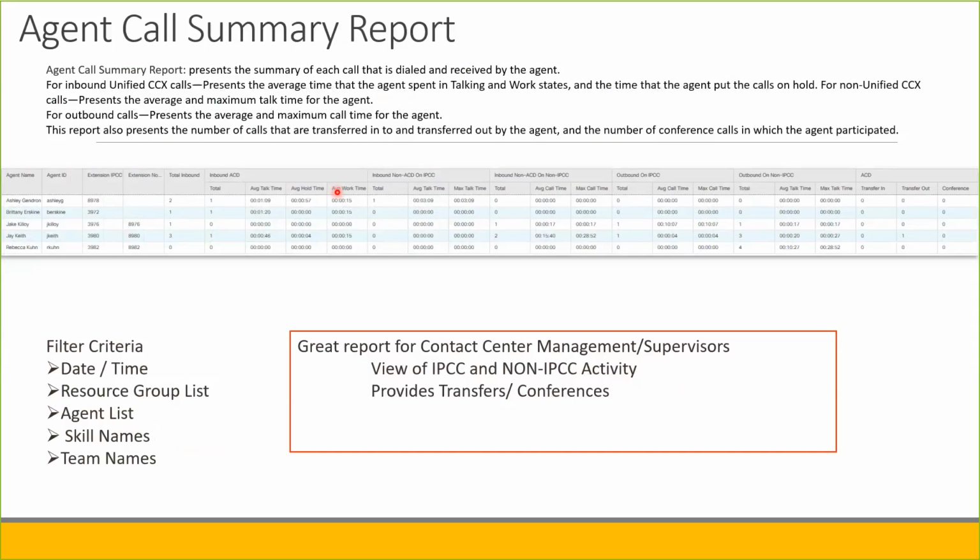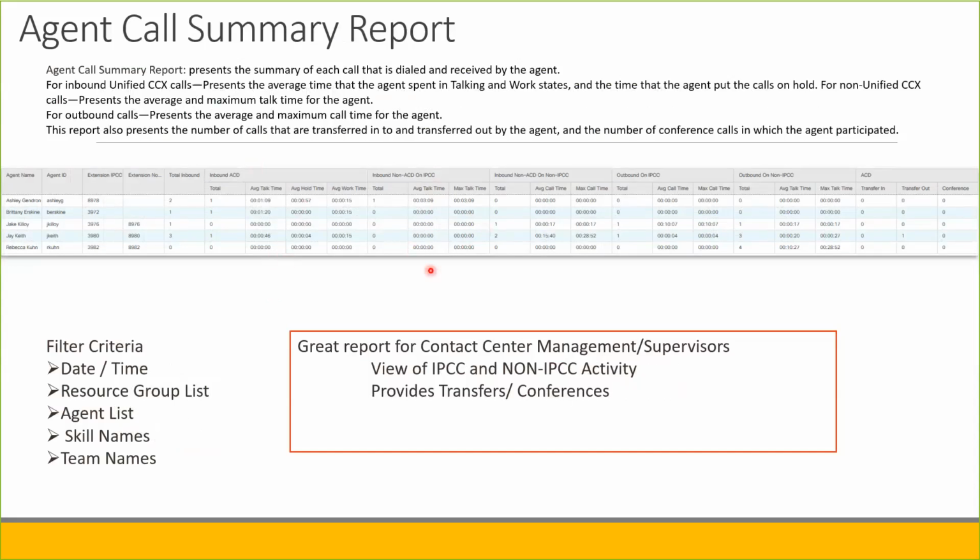And I would be very remiss in my job today if I did not explain a little bit about what those acronyms mean. So we'll break it down here. Inbound versus inbound ACD versus inbound non-ACD. What these two different sections in the report mean is ACD is going to be an automatically distributed call, right? This is a queue call coming in to my agent.